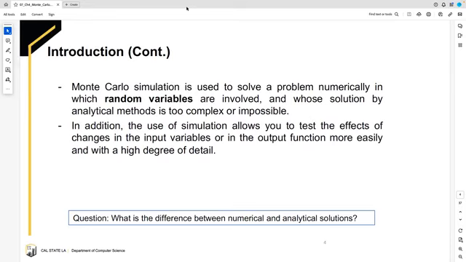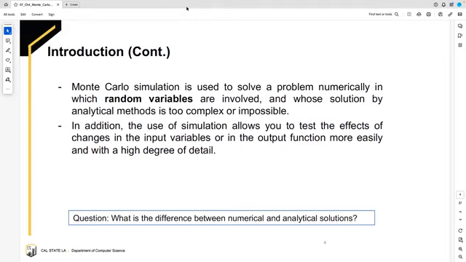Let's say you want to solve a problem. Let's say you have a mathematical function and you want to find its integral, right? So if you have the functional form of that function and you currently know by math how to calculate the integral, then you have an analytical solution, right?